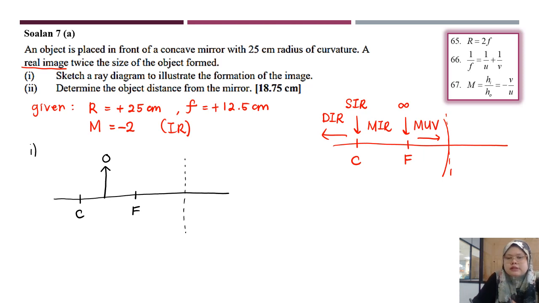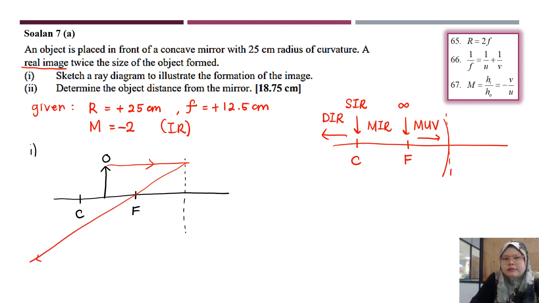Okay, so use 3 ray. Okay, 3 ray yang diberi tu. Tapi you hanya boleh pilih 2 saja. Okay, use 2 ray to sketch the formation of the image. Okay, the first ray will be parallel to the principal axis and then reflect to the focal point.